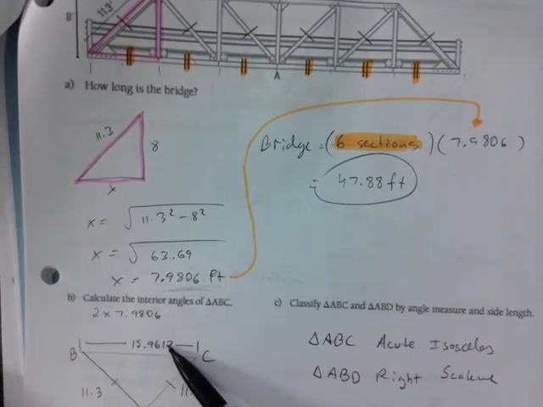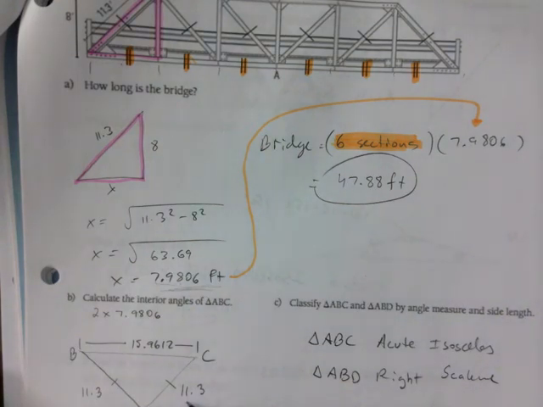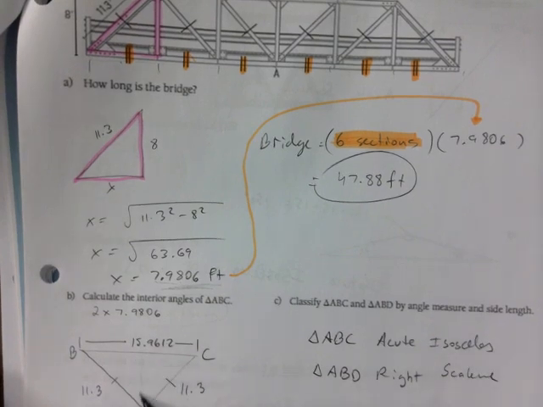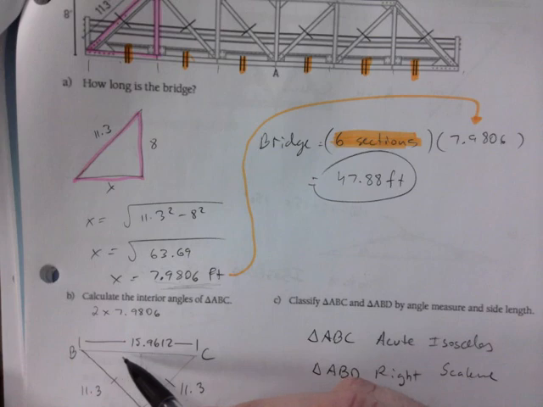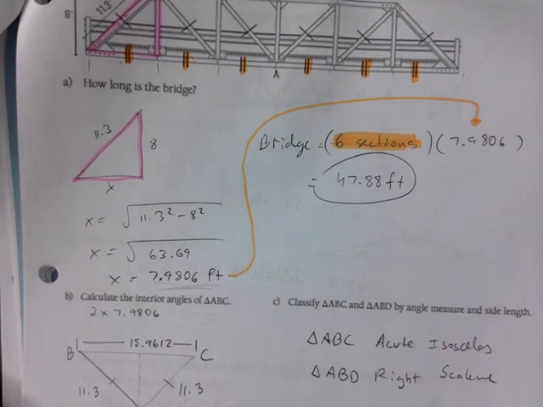So I get 15, 11, 11. So this is going to be an acute isosceles. And obviously, if you split this in half, it's going to be a right scalene, because if this is 8, this is 7.98. So technically it's not quite an isosceles. Okay. And anyways, I'm just going to leave it there.